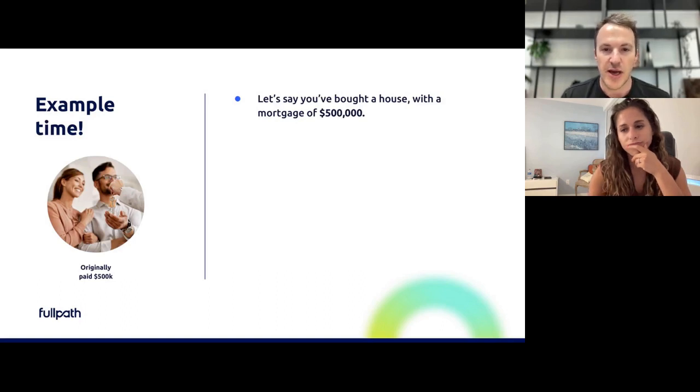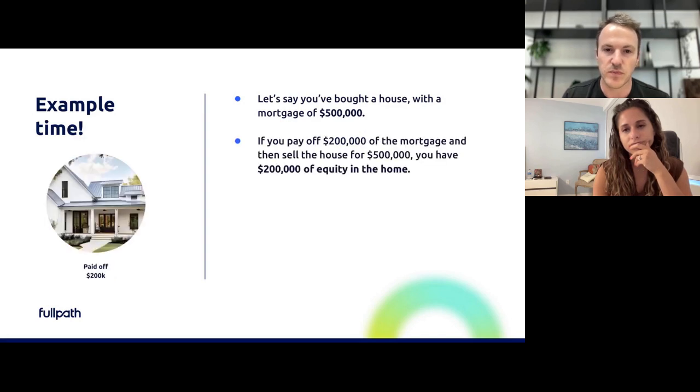So let's say you bought a house and you took a mortgage of $500,000 on the house. Time goes by, you pay off $200,000 with your monthly payments, and now you still owe $300,000. But then you decide to move. So you sell the house for its original value of $500,000.